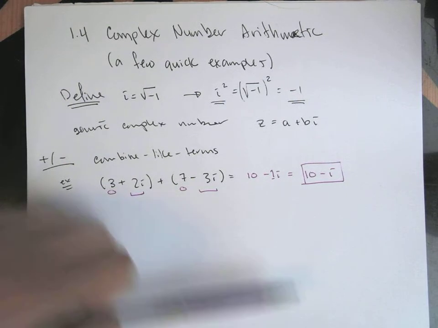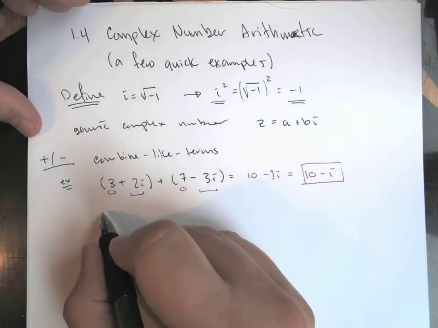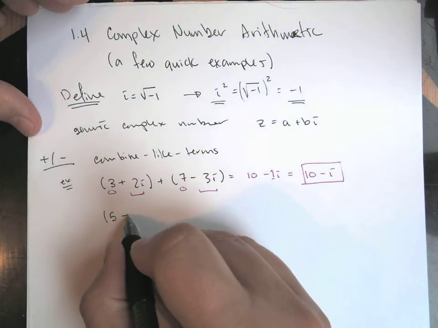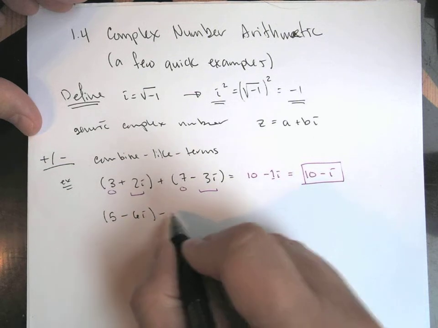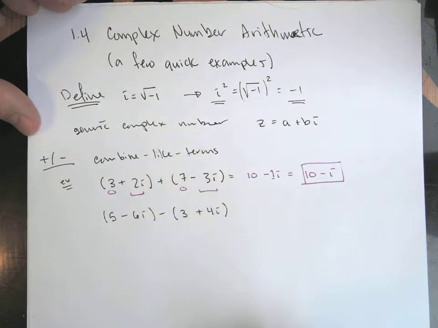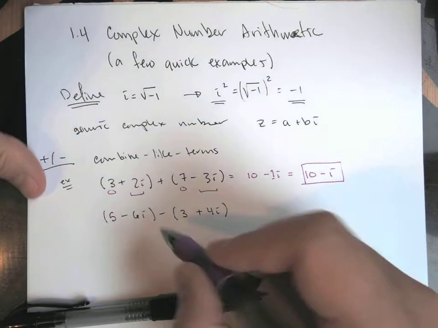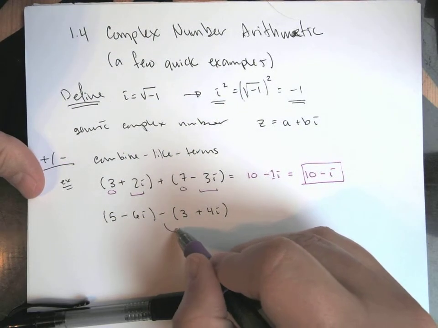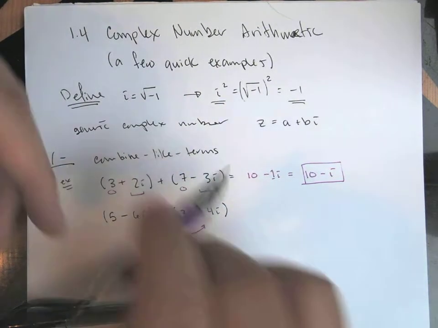If we're going to do a subtraction, it's almost as fast. 5 minus 6i, let's subtract away 3 plus 4i. What we need to do if we're subtracting is make sure we distribute the negative.